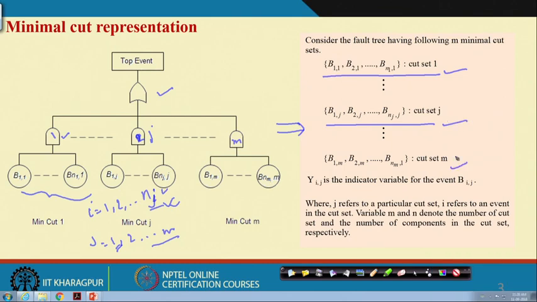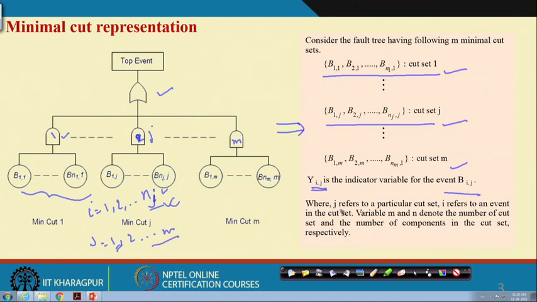Now, if we want to define an indicator variable for each of the events, then we also require i and j. So, Yij is the indicator variable for event Bij. i stands for the basic event, and j stands for the particular cut set.